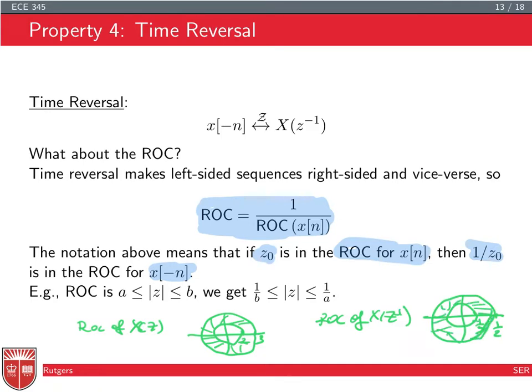Sorry about the circle, but the main thing is that here I have 1/3 and 1/2, whereas here I have 2 and 3. Again, this is a compact way to describe what's happening, but what does that mean? It means that in the equation of the ROC, just replace z by z to the minus 1.